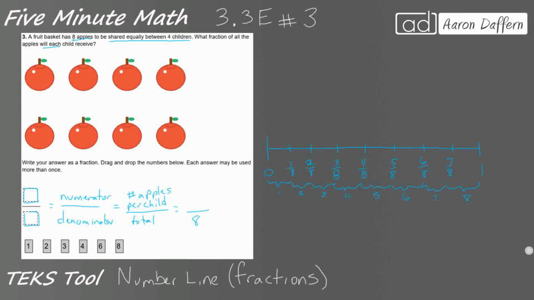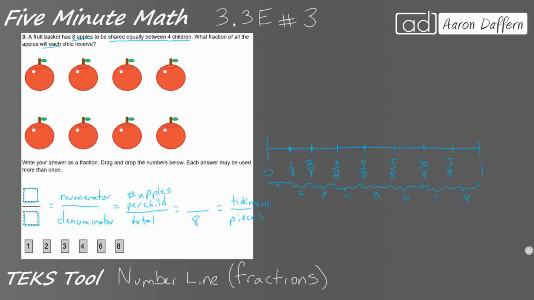I've got 8 pieces. Now each of these tick marks, that is what represents. And so I'm going to put pieces right here to represent our denominator. It's the tick mark. These are those little lines. That's our numerator. So 1 piece ends right there, 2 pieces ends right there, 3, 4, so on.